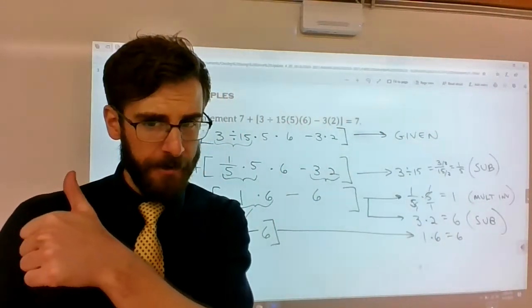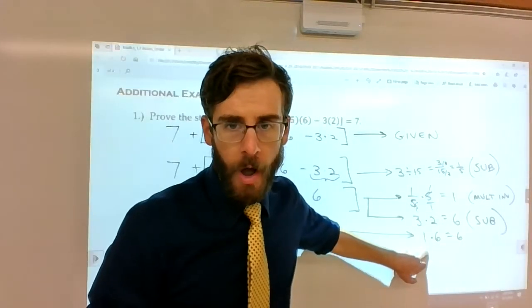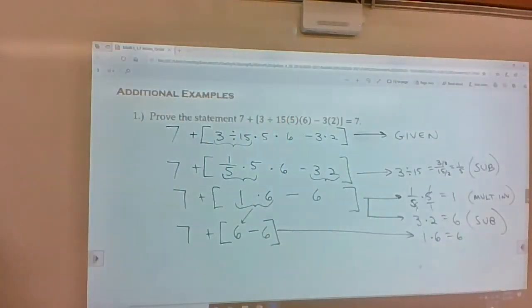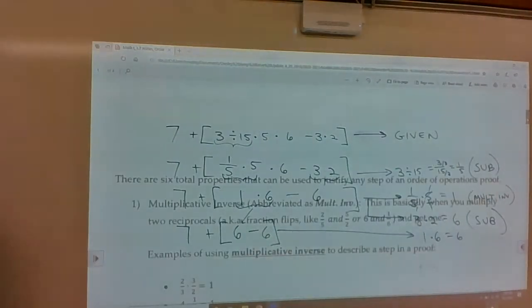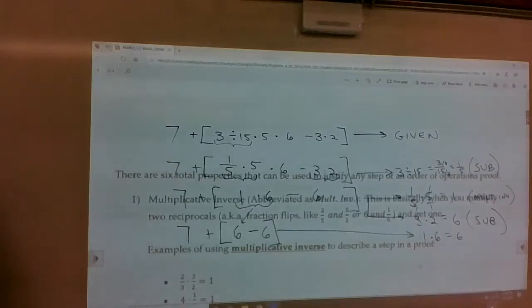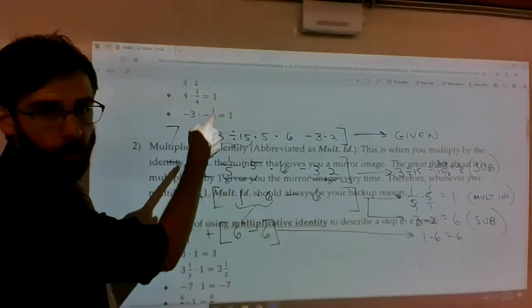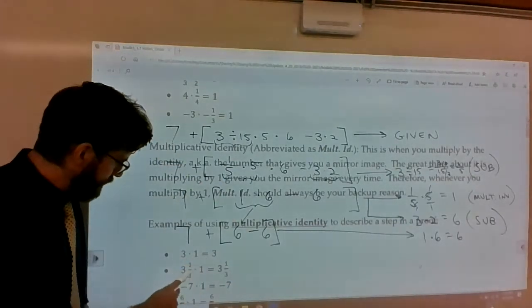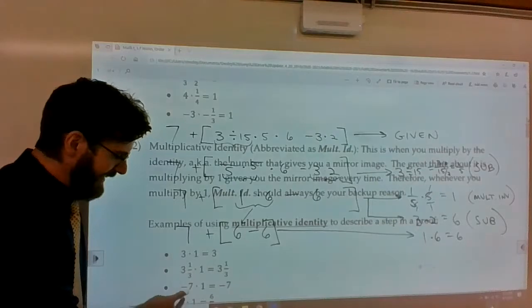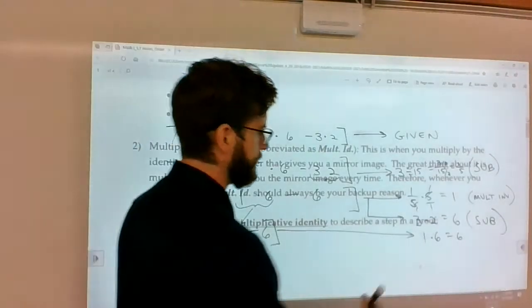Check out the sheet of properties. It seems like we're multiplying by 1. Not the multiplicative inverse, because those aren't multiplying by 1, they're getting 1. It's the multiplicative identity. 3 times 1 is 3. 3 1/3 times 1 is 3 1/3. -7 times 1 is -7. Multiplicative identity for that one.